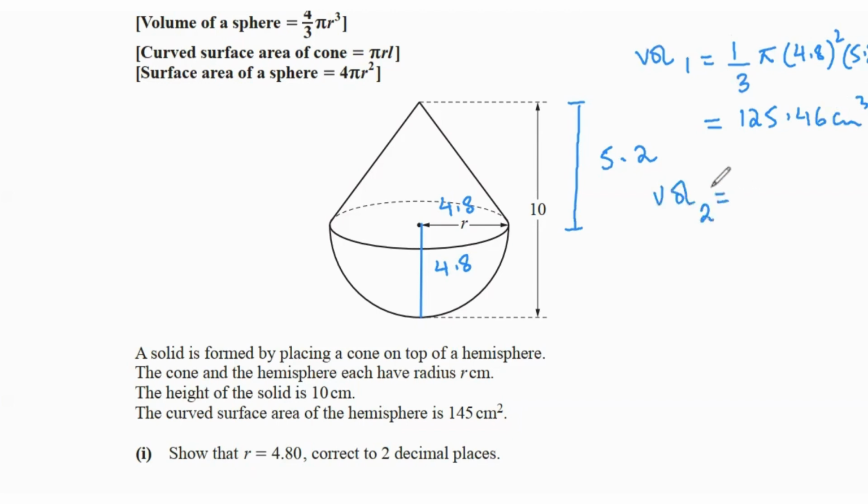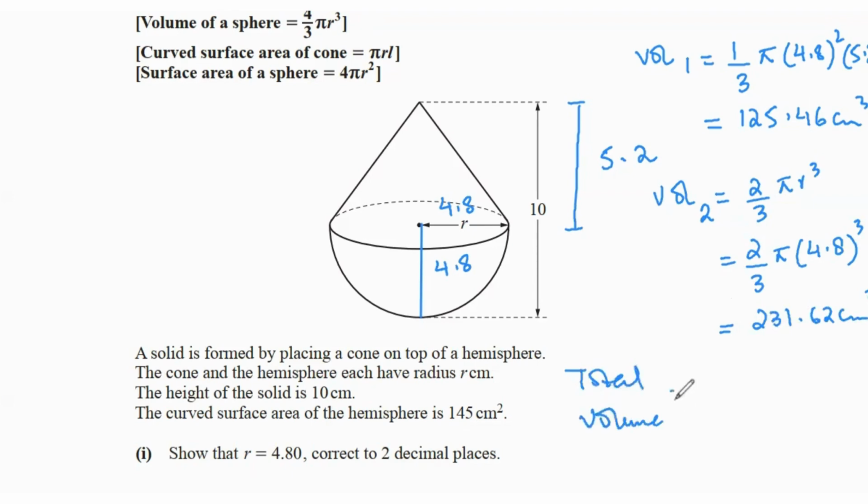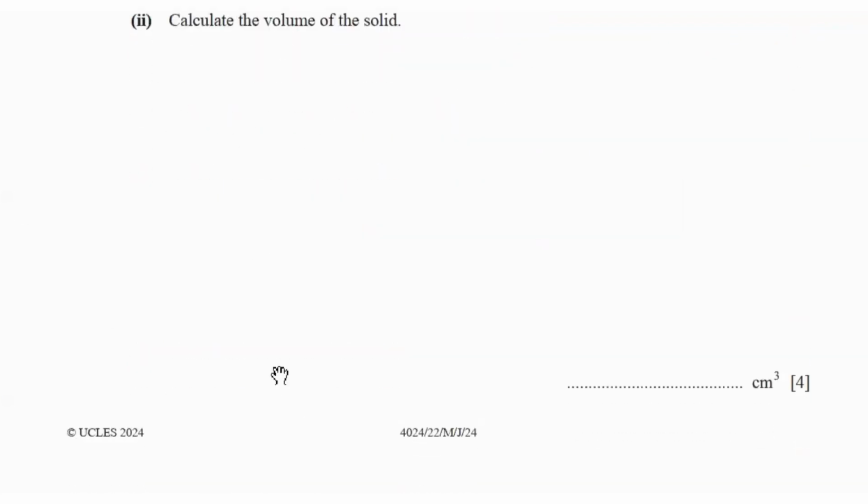Then volume 2, since it's a hemisphere, 4/3 gets divided by 2, so that's 2/3 pi r cubed. That is going to be 231.62 centimeters cubed. So the total volume is the sum of these two, which adds up to 357.08 centimeters cubed. That's your answer.